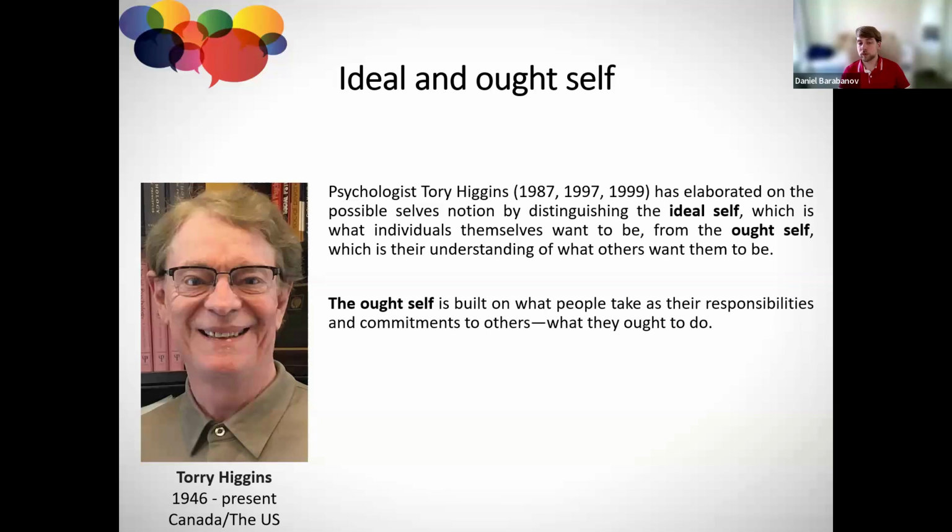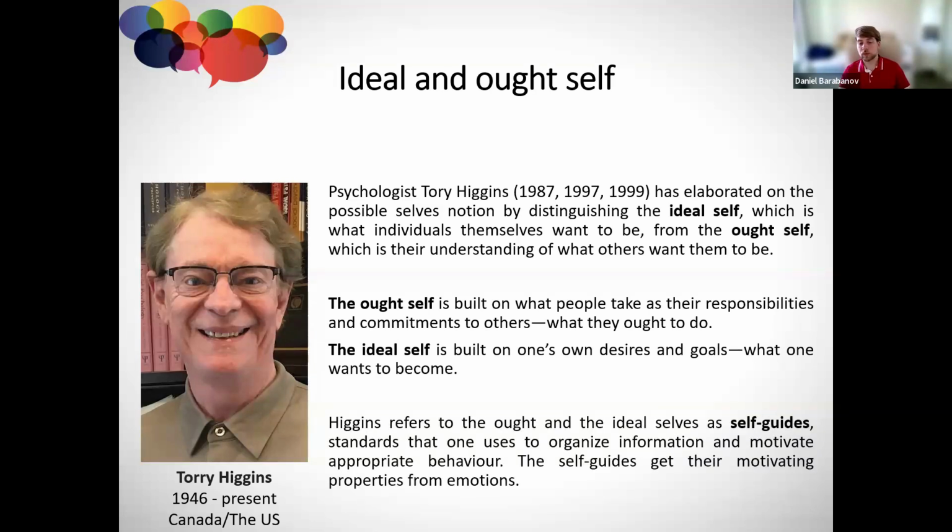You also might have responsibilities to your family members or your community or your religious group, right? And it might be important, but it's not only what you want to be and not only what you want to do. So the ideal self is built on our desires and goals and our understanding of what we want to achieve in future, what we want to become.